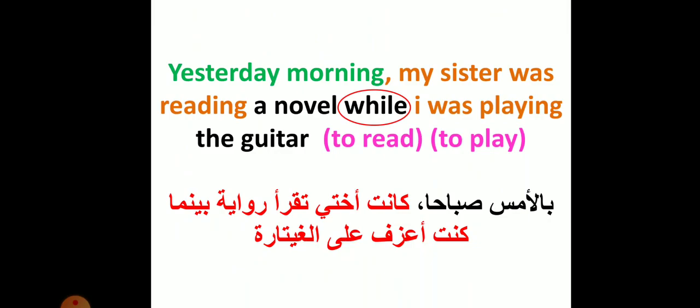Yesterday morning is the time expression. She was reading is verb to read in the past continuous. I was playing is verb to play in the past continuous. While here is a very important expression that shows that there are two actions that are ongoing simultaneously.